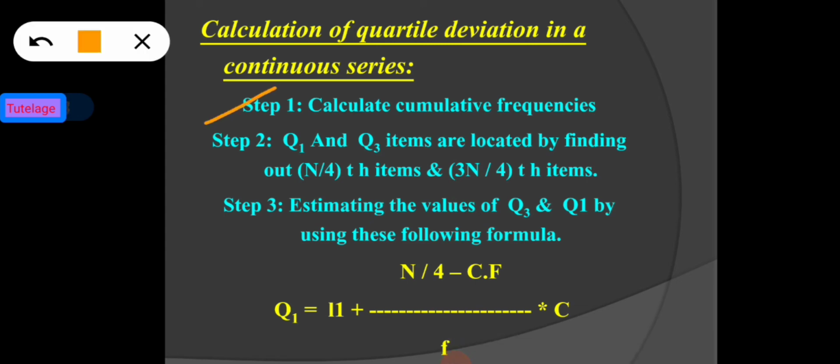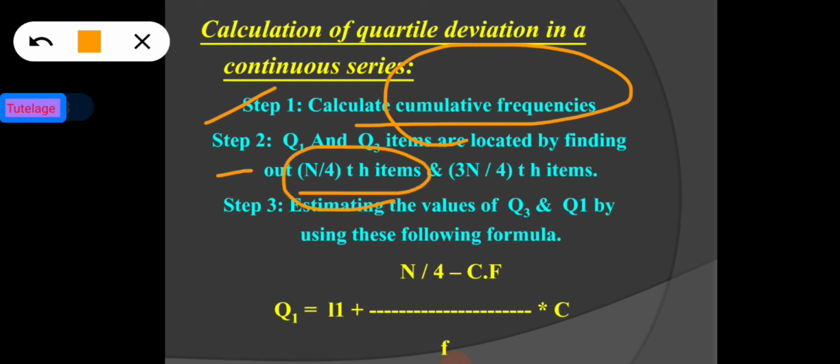So the first step, we have to calculate the cumulative frequency of the problem. And now going to the second one, Q1 and Q3 items are located by finding out n by 4 items for Q1 and 3n by 4th items for Q3. And now going to step 3, estimating the values of Q3 and Q1, and this is the formula of Q1 and Q3.